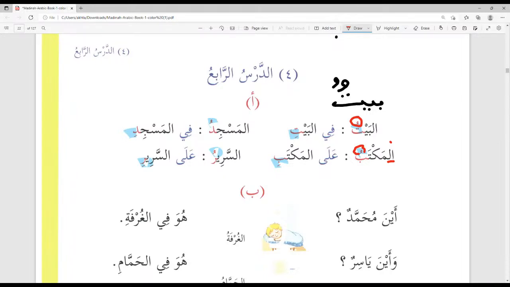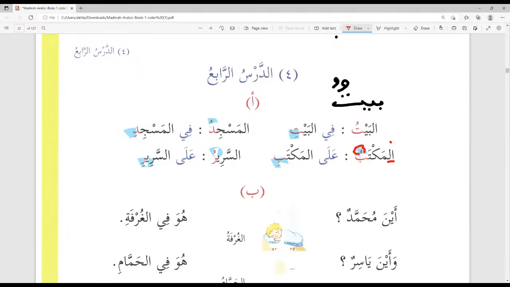So now in this lesson, we're studying something new. As we just read, al-baytu fil bayti. And remember what we keep saying, that whenever the nouns change from a dhamma to a kasra or a fatha, you always have to look before to see what came before it that made it change.